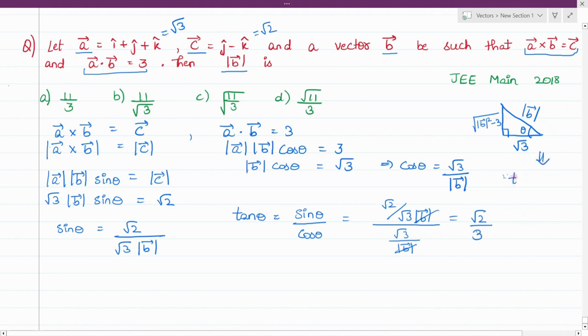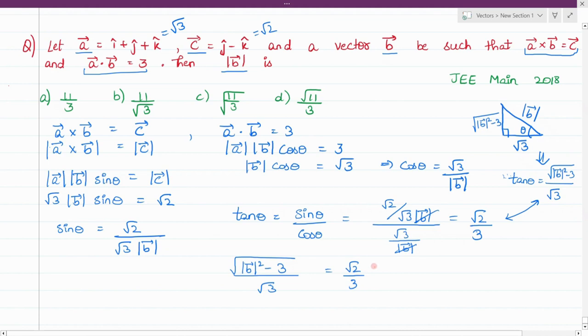From this diagram, what will be the tan theta? It becomes under root magnitude of B square minus 3 by under root 3. Just equate these two values. You will get magnitude of B square minus 3 by root 3 is equal to under root 2 by 3.